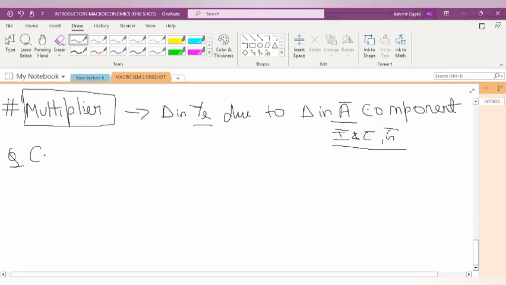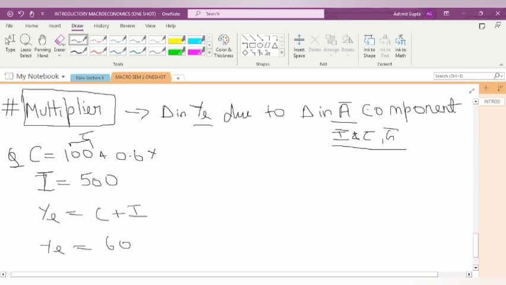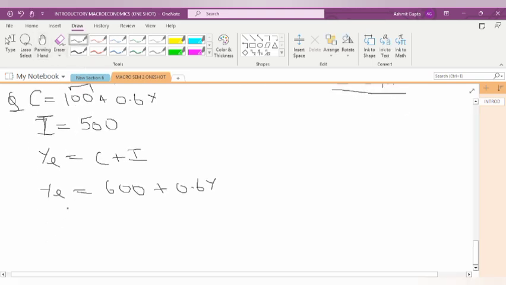So we have here consumption C given as 100 plus 0.6Y, where this 100 signifies the C bar component. We have I bar as autonomous, 500. Now we first calculate the equilibrium level of income, that comes to be Y equals C plus I. We go on solving it out and we get 600 plus 0.6Y equals YE.